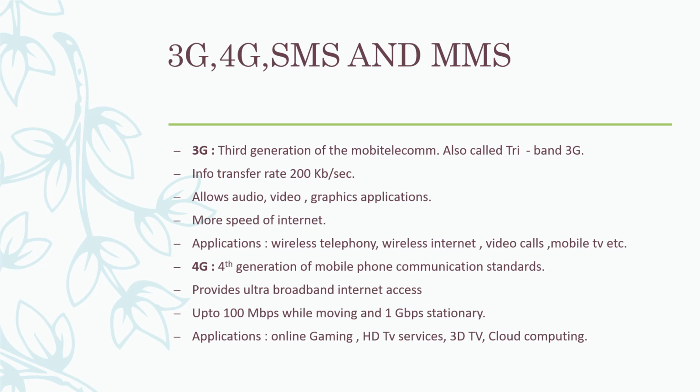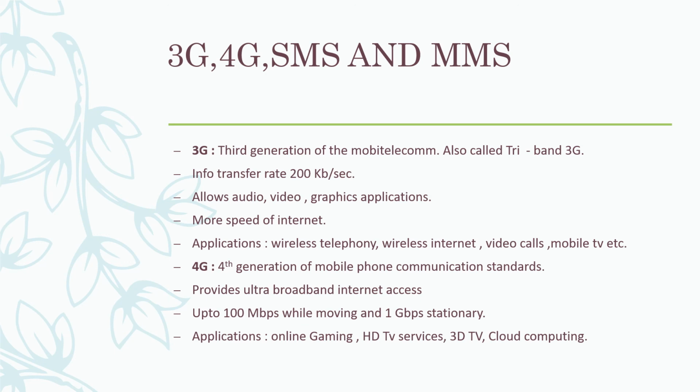So information transfer rate of 200 kb per second allows video, audio, graphics application. More speed of internet than it says, 200 kb per second, but actually it was more. So applications are wireless telephony, wireless internet, video calling, mobile TV, etc. Then came 4G in 2012, and it was the fourth generation of mobile phone communication standards.